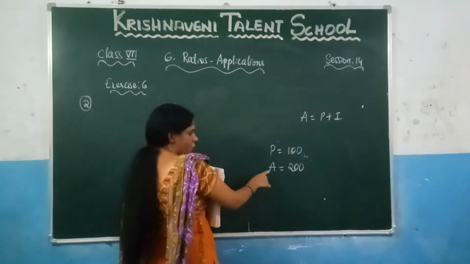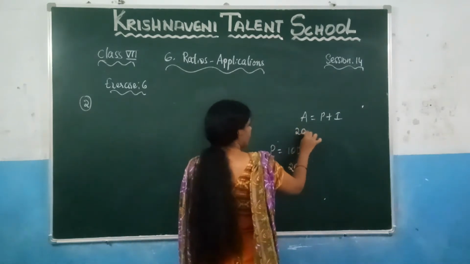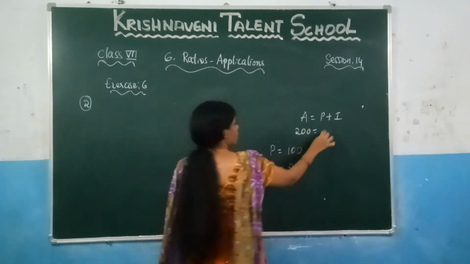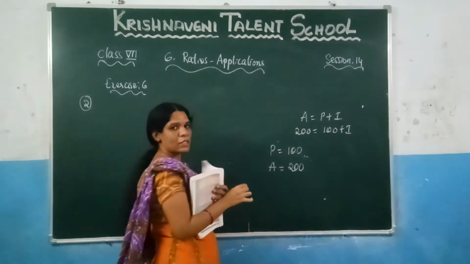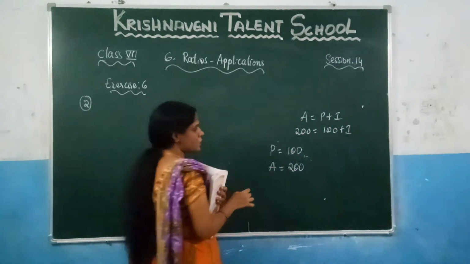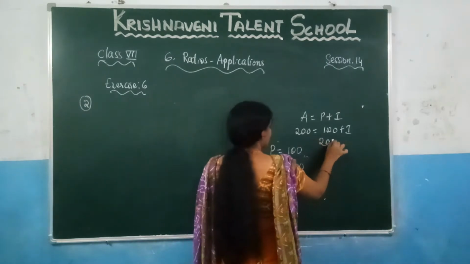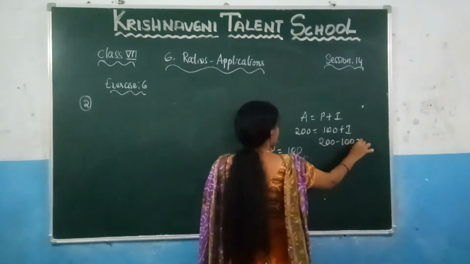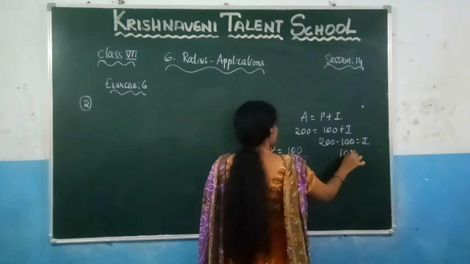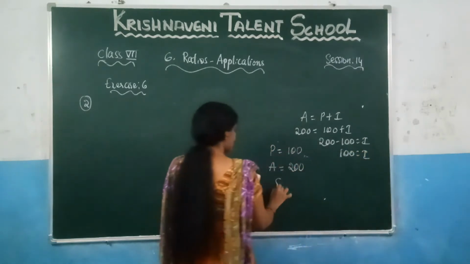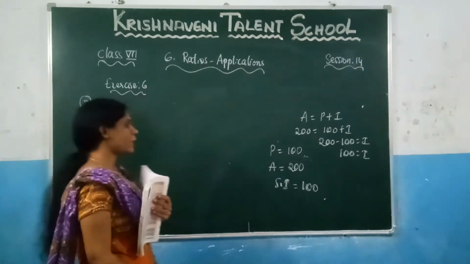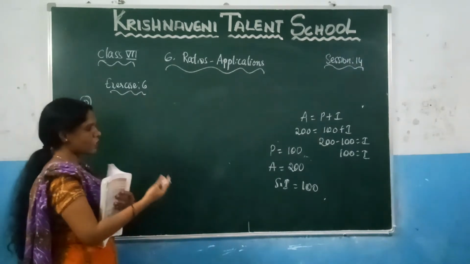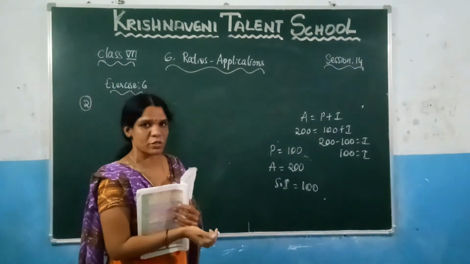The amount is 200 and the principal is 100. If you take this 100 to the other side, it becomes minus 100. So 200 minus 100 is equal to the simple interest. So you got the simple interest as 100.